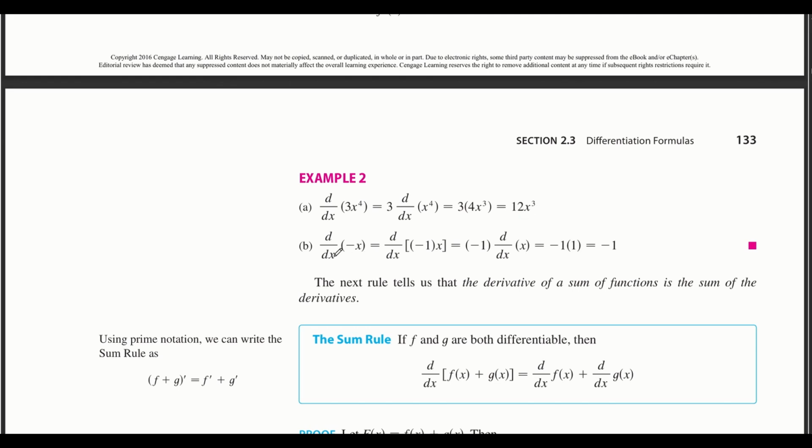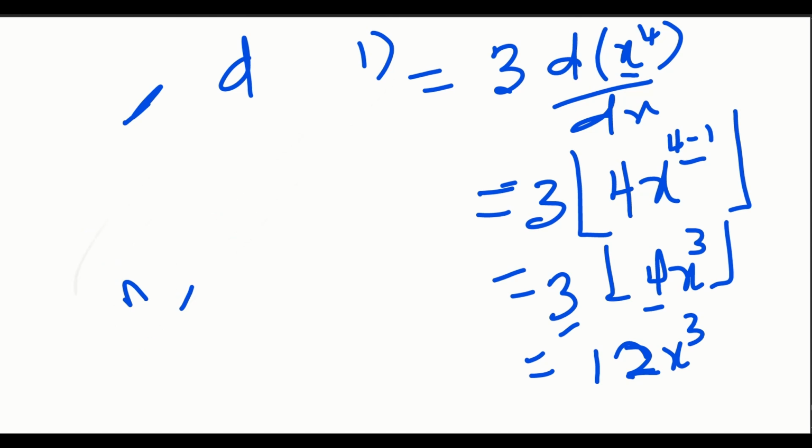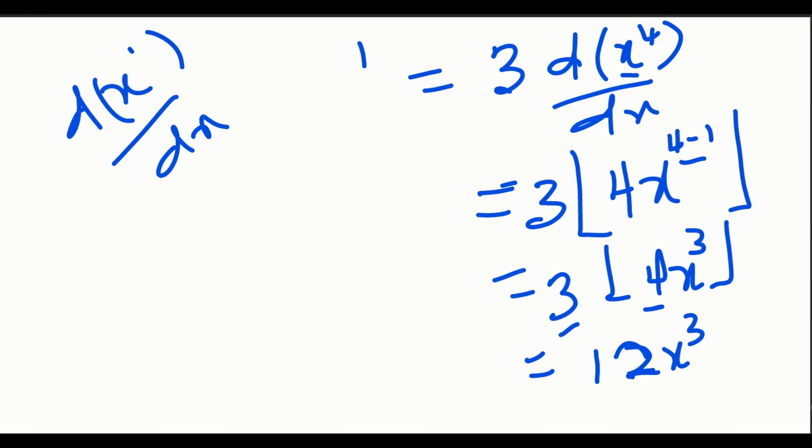Now, the second example asks you to differentiate minus x. You go through the same procedure. Here the constant is minus 1, and you just bring it out. You differentiate x. When you differentiate x, you get 1, because you'll now be doing x raised to the power 1 instead of x raised to the power 4. So you'll be taking d of x raised to the power 1 with respect to x, and you get 1 multiplying x to the power 1 minus 1 as your differential, which is x raised to the power 0.